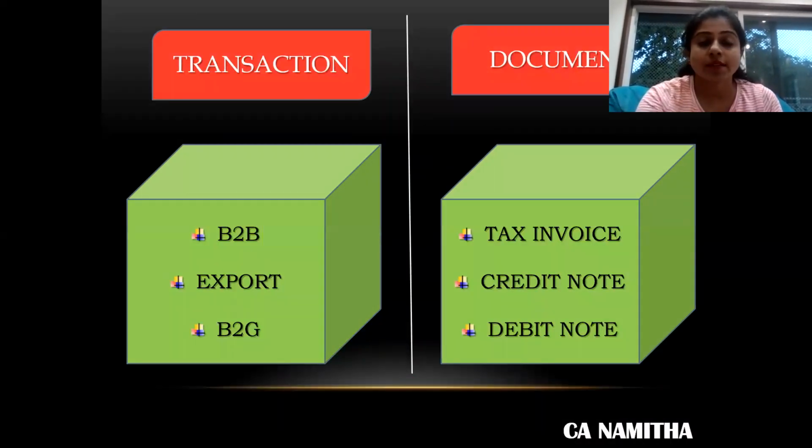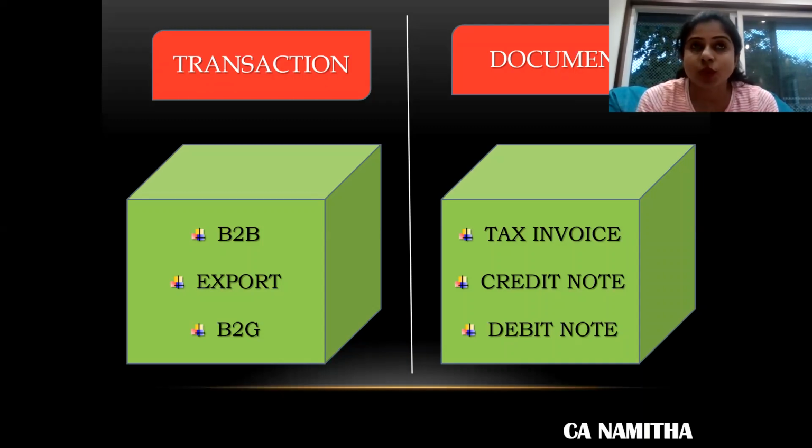Well, now let us understand on which transactions the e-invoice has to be generated. Transactions of business to business, B2B, business to government, that is B2G, and exports are covered, those are the transactions for which the e-invoice has to be generated.